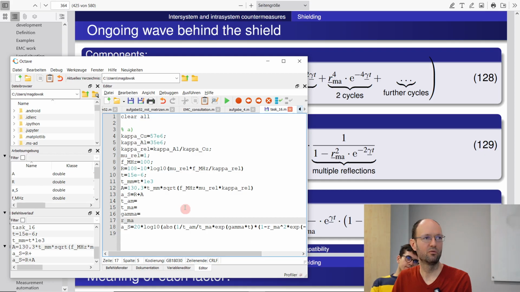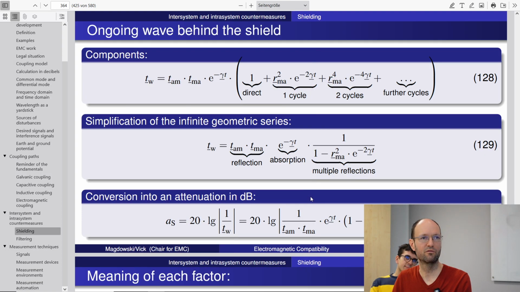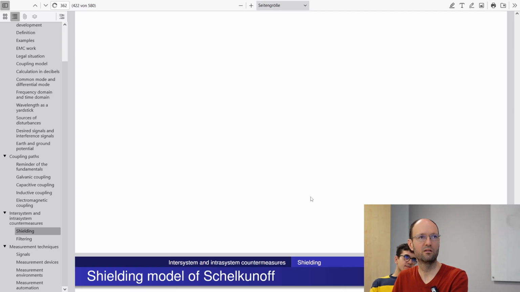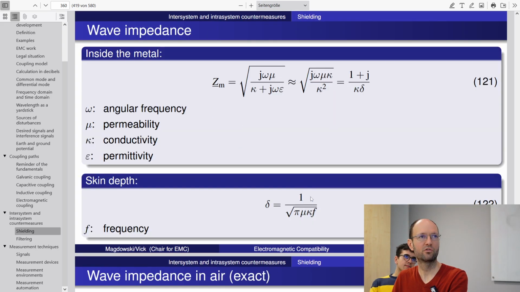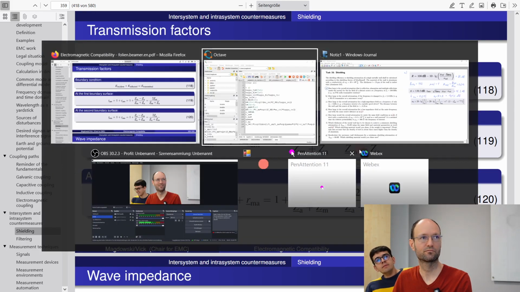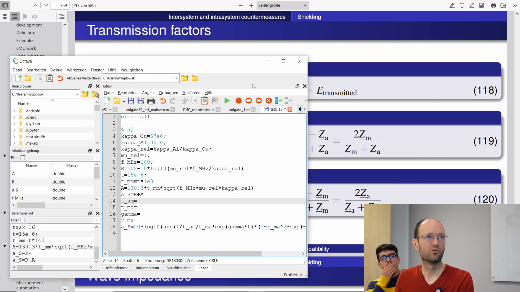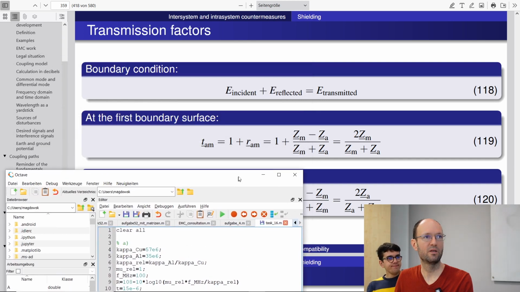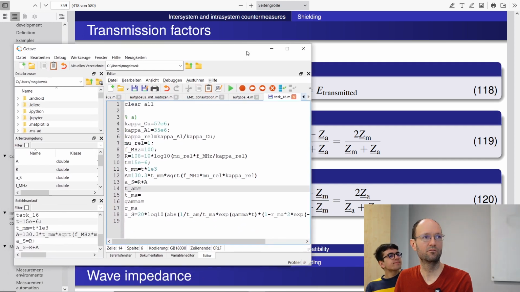Okay, so now we need the formulas for the transmission coefficients and the reflection coefficients. We can go back here a bit and check these. Here are the transmission coefficients. The transmission coefficient from air into metal is 2 times the characteristic impedance in metal divided by the characteristic impedance in metal plus the characteristic impedance in air.